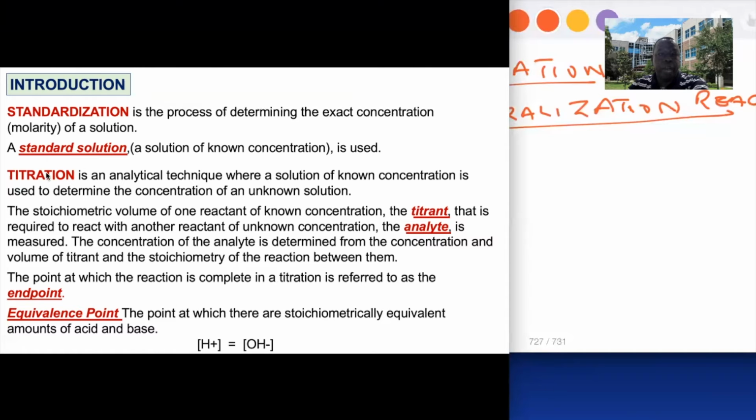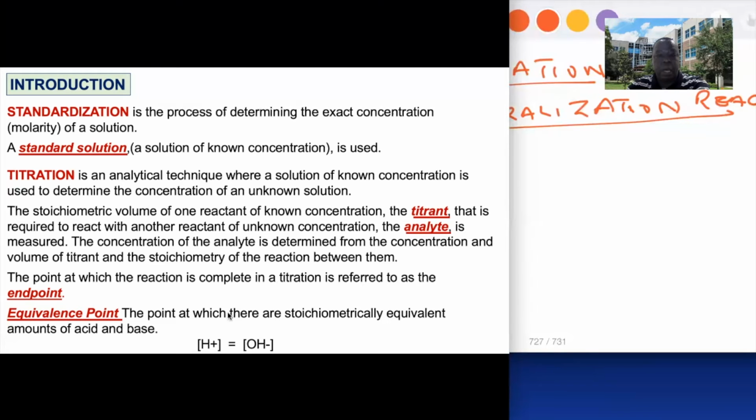At the end of titration, there is a color change, and this color change indicates the endpoint. Endpoint is a rough estimate of equivalence point. An equivalence point is simply the point in titration where there is the theoretical equivalent number of moles of the analyte and the titrant. We call that equivalence point.